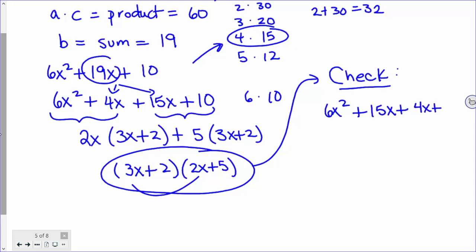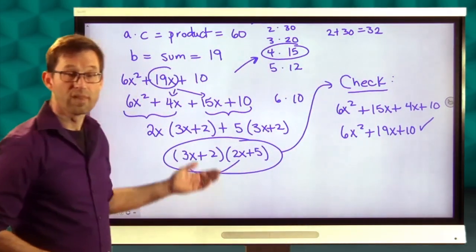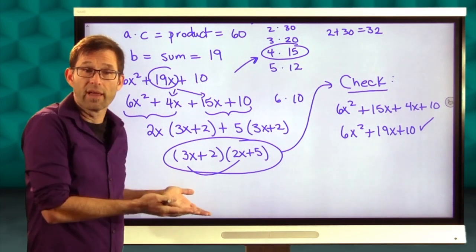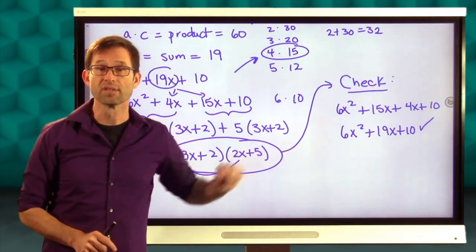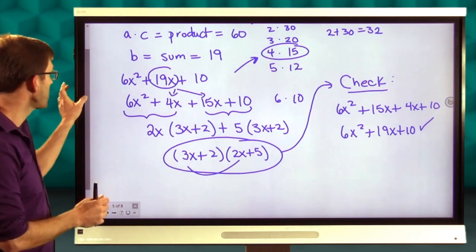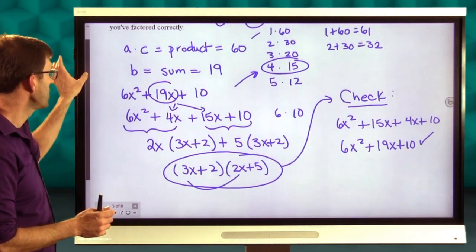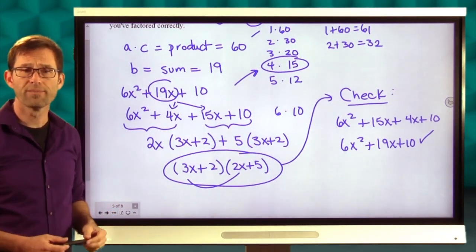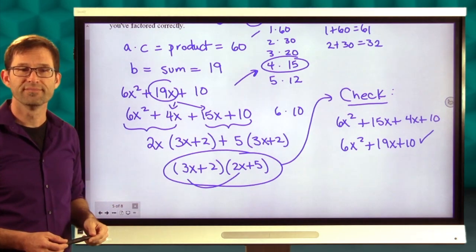I get 2 times 5, which is 10. That gives me 6x squared plus 19x plus 10, and that checks. Now keep in mind, this is the final answer. This is my factorization. This is simply my check. Let me step back, you take a look, scroll up a little bit, and then we'll move on to get some practice.